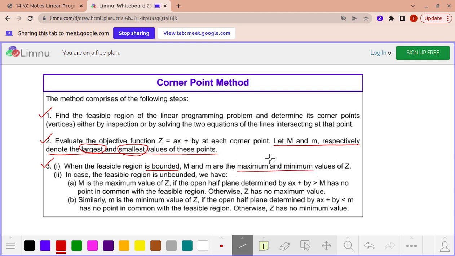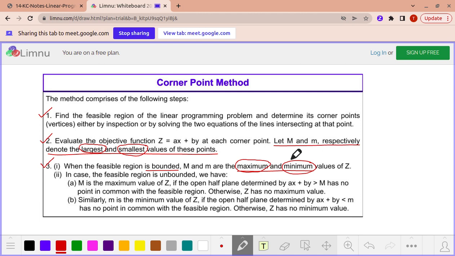There is a slight difference between largest and maximum, and smallest and minimum, and I will describe that. There is no such difference if the feasible region is bounded. Then capital M, the largest value, becomes the maximum value, and similarly lowercase m, the smallest value, becomes the minimum value when the feasible region, that is the convex polygon, is bounded.